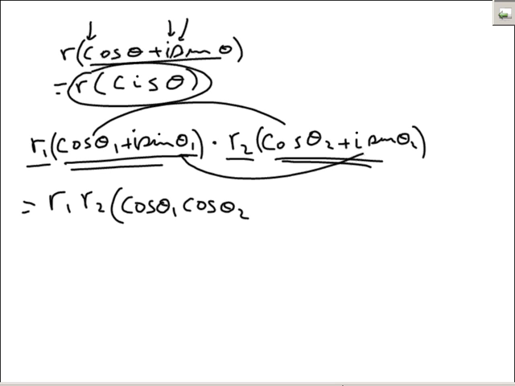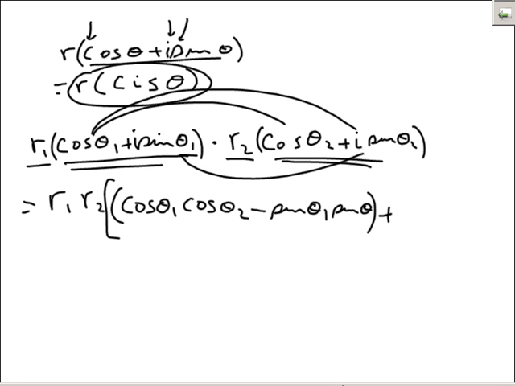Remember, positive i times positive i is positive i squared, which is minus. Minus sine theta 1 sine theta 2. That's the real part. Now let me add on the imaginary. I then multiply cosine theta 1 times i sine theta 2. Well, the i is going to factor out. You see that. You have sine theta 1 times sine theta 2.